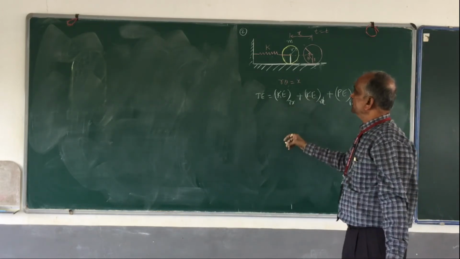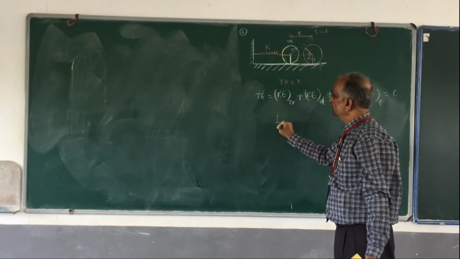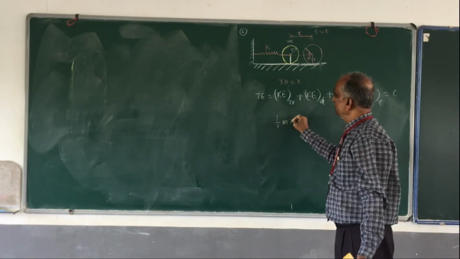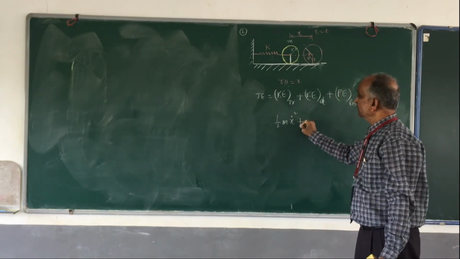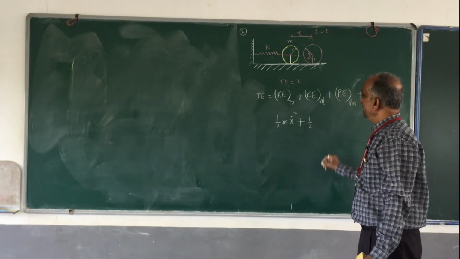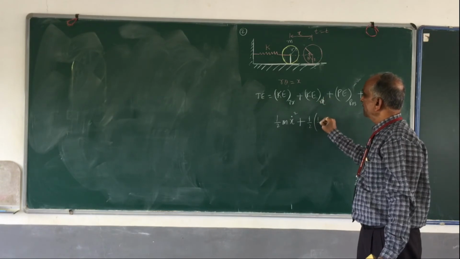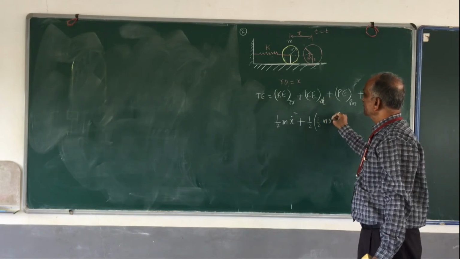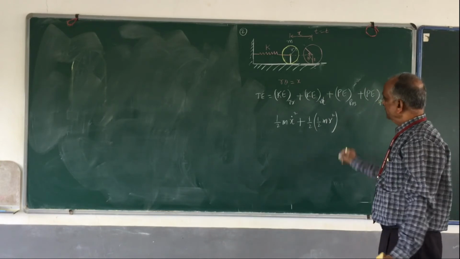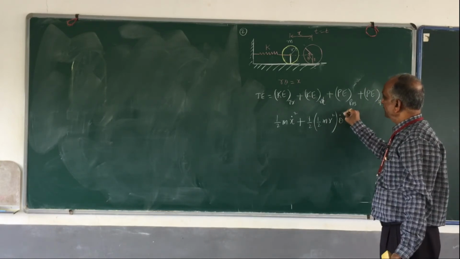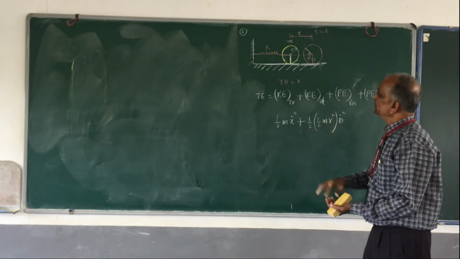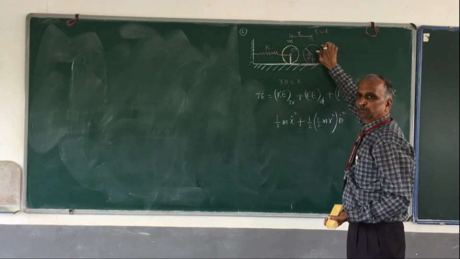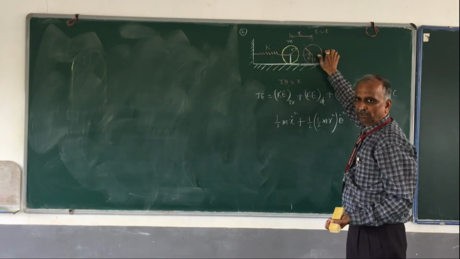So kinetic energy due to translation is equal to half m into x dot square. And kinetic energy because of rotation, half I, which is half m r square, into theta dot square. The potential energy because of position: the position has not changed, it is moving in the horizontal direction.